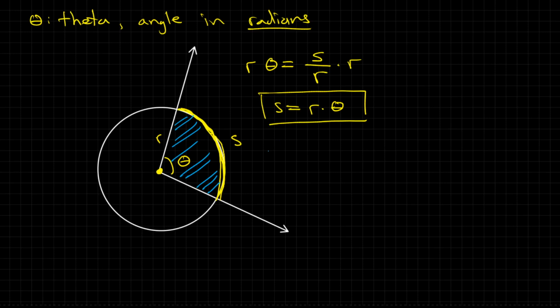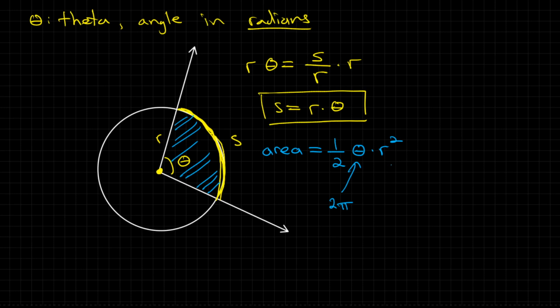So the area, we didn't talk about how to do this, but it's not too difficult to find out that this area is going to be 1/2 theta, again in radians, times r squared. Now I won't show you exactly why this is true, but I'll at least say that if theta is 2 pi, that means you would be finding the area of the whole circle.